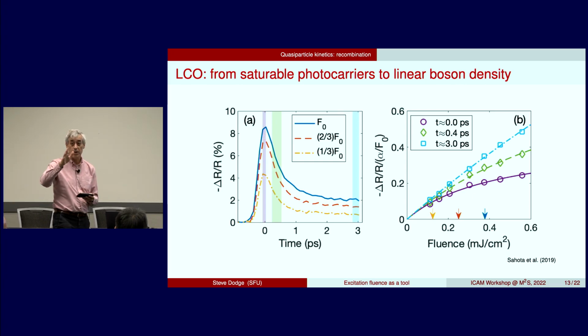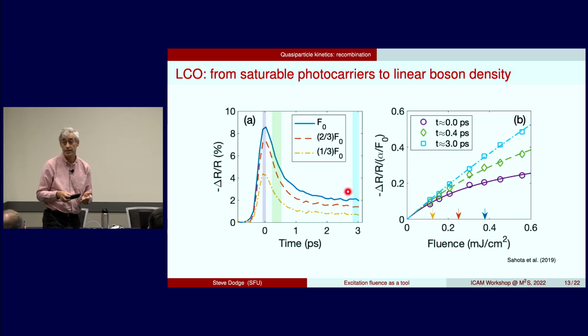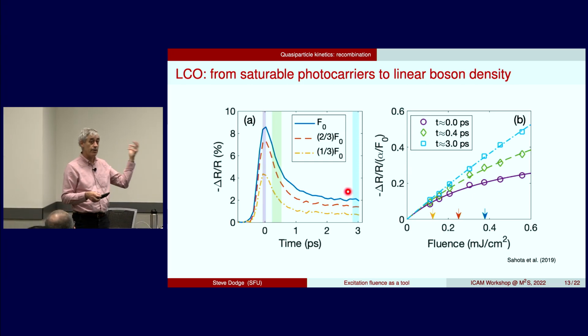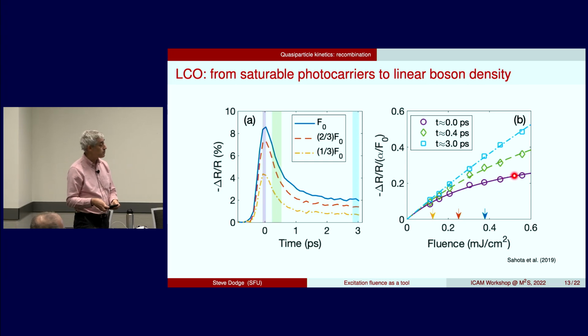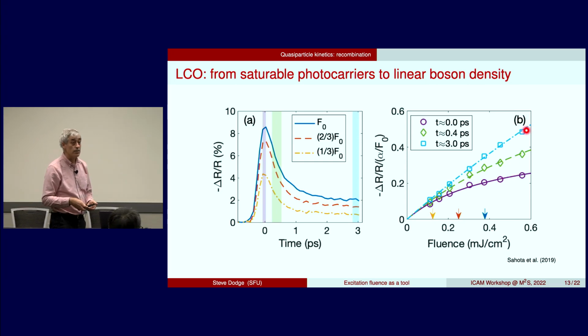There are two components to the spectra, one sensitive to the charge carriers, and the other sensitive to the bosonic degrees of freedom. In this regime the carriers are dominant, and then as they give off their energy to the bosons, we become more sensitive to that. We've scaled these so they all have the same slope, and at the peak it saturates, and in the tail it's just linear.